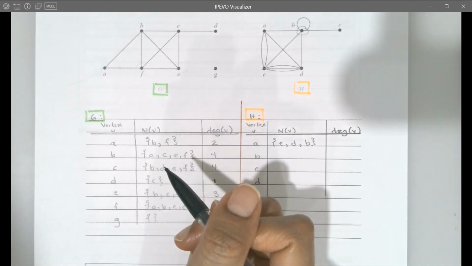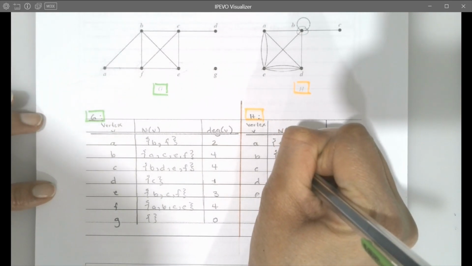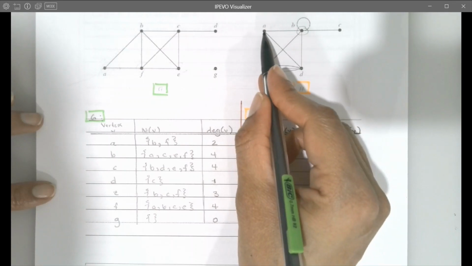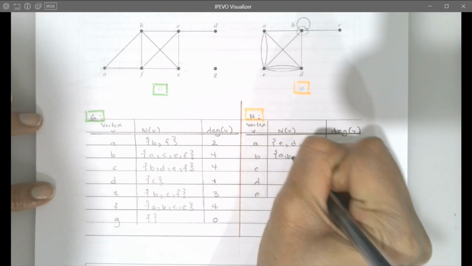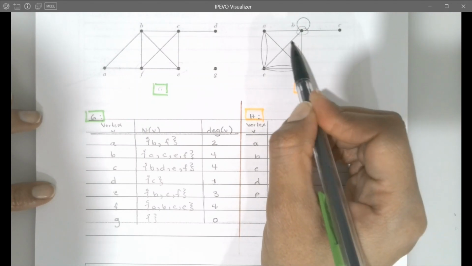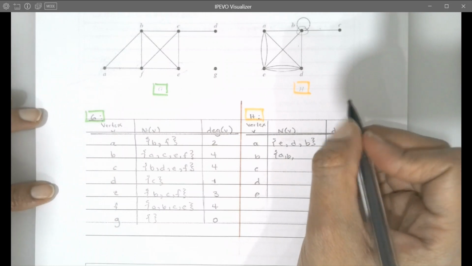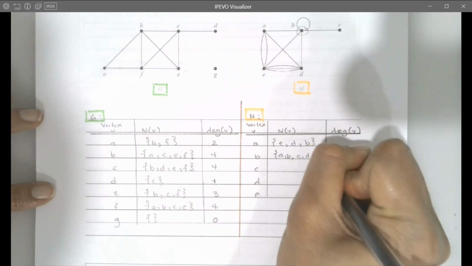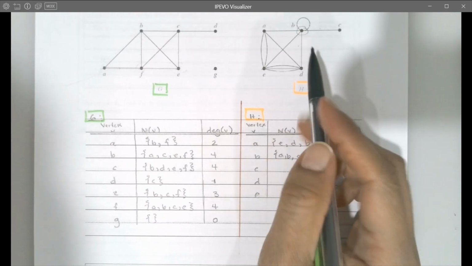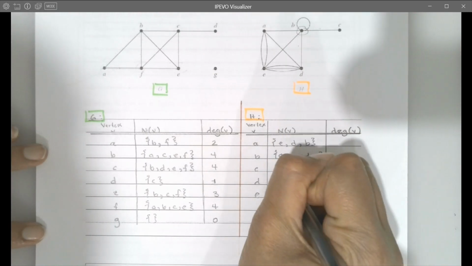Okay, let's take a look at B now. B has a loop, so we need to make sure to write that B is a neighbor with itself. We also have a neighbor of A, so we have AB. It's also a neighbor with C, neighbor with D, and neighbor with E. So basically with all of the nodes of the graph. Okay, and then for C, we've got only 1 edge.